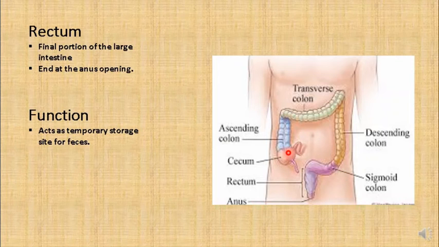The large intestine consists of the ascending colon, transverse colon, descending colon, sigmoid colon, and from the sigmoid colon it is connected with the rectum, and the rectum collects the waste products from the sigmoid colon.